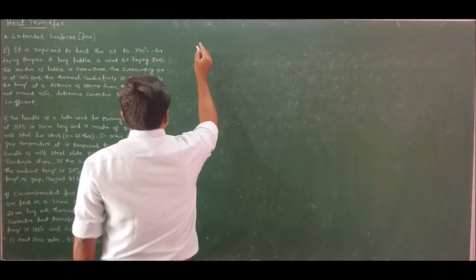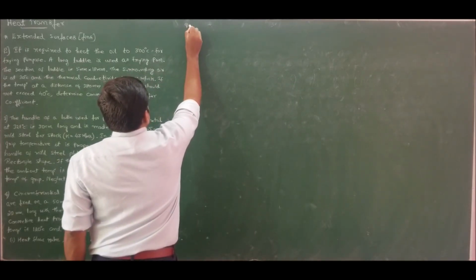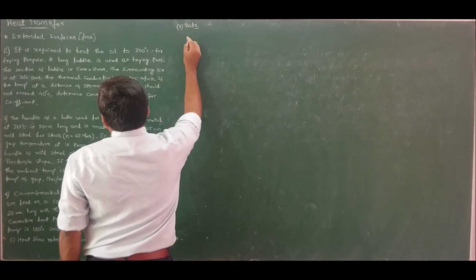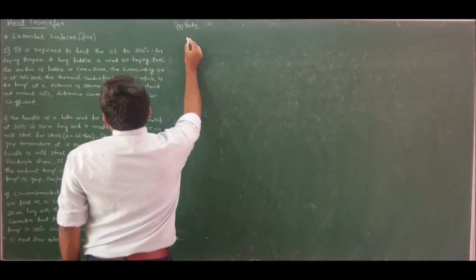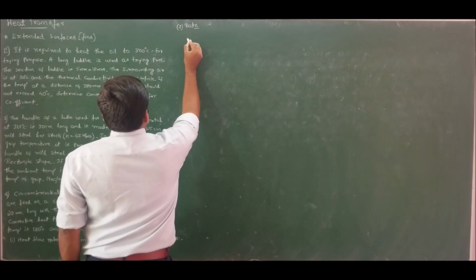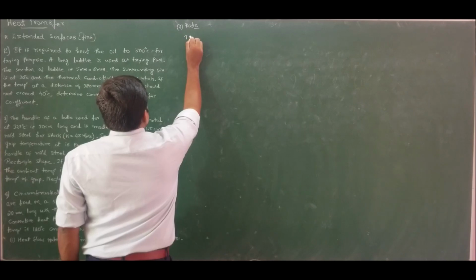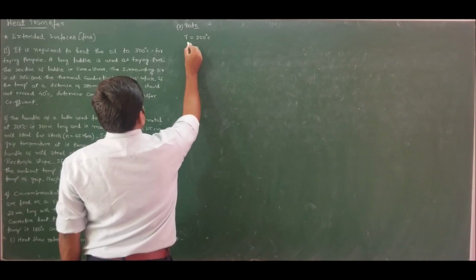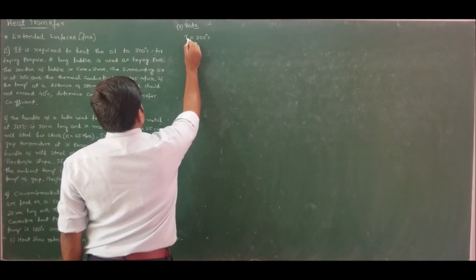If I list out the data given for problem number 2, it is required to heat the oil to temperature 300 degrees Celsius. So the temperature of oil is specified as 300 degrees Celsius, which is nothing but the base temperature.